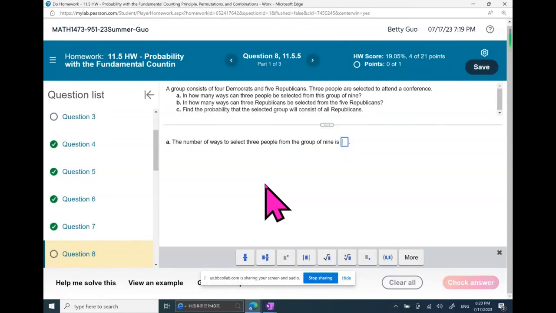Let me see if you can answer this question. Select 3 people from a group of 9. Is this a permutation or a combination?